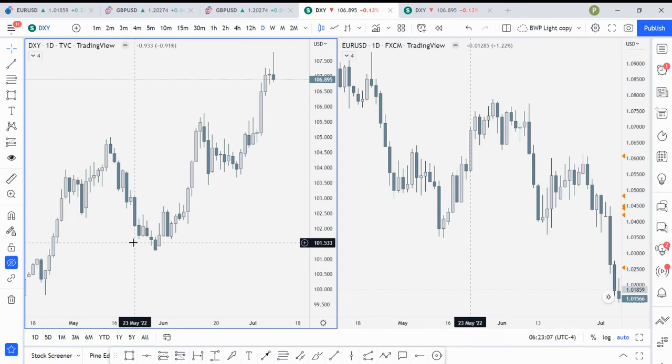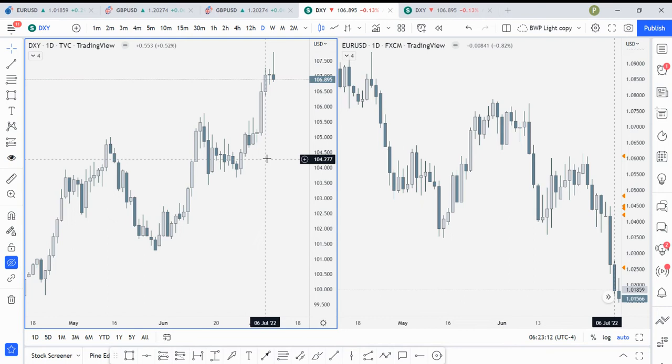Now, if you find a situation whereby Euro USD is going up and DXY is unwilling to go down, that is what you call an SMT divergence. Okay, so let's look at a few examples here.